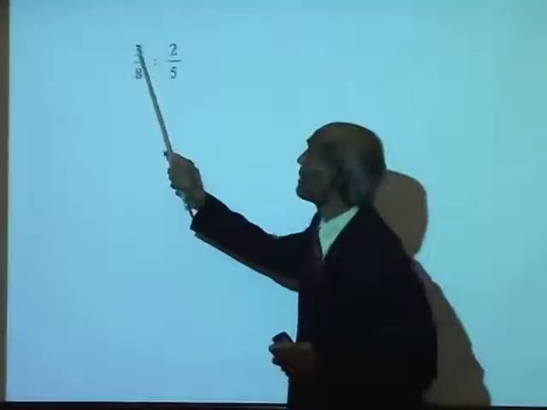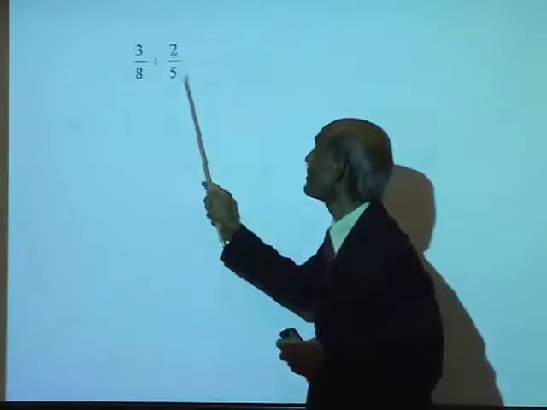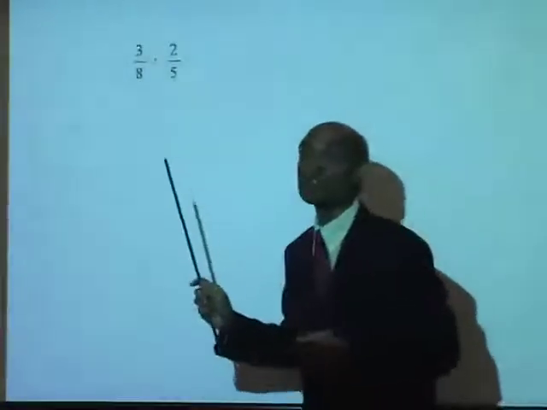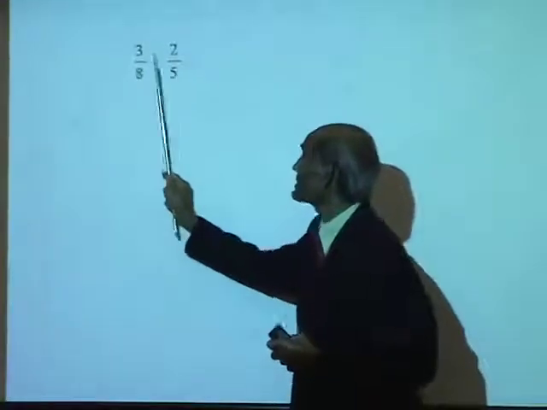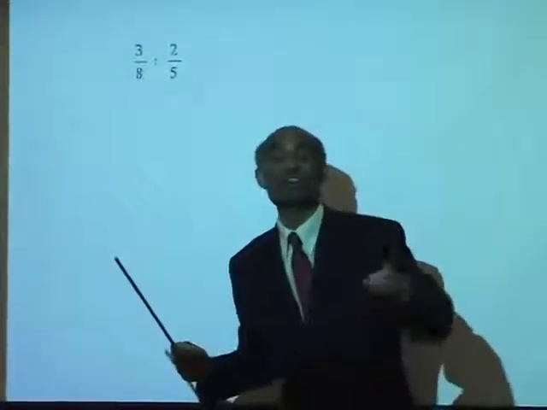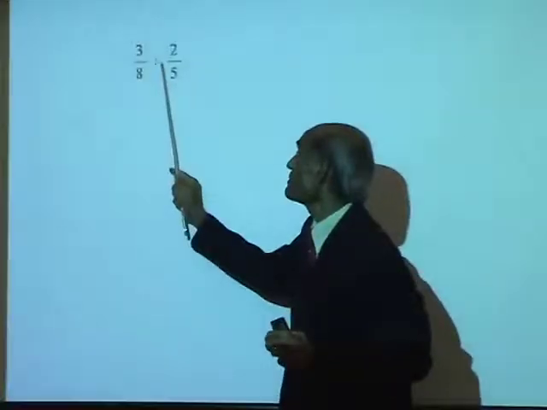Let's practice this. Find the value of 3 over 8 divided by 2 over 5. Well, what is the method? When you want to divide by a fraction, it doesn't matter what the first number is. The first number can be a fraction or a whole number. We leave it like that. You want to divide by a fraction, what do you do?